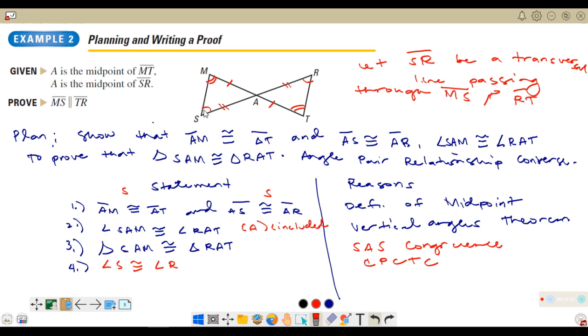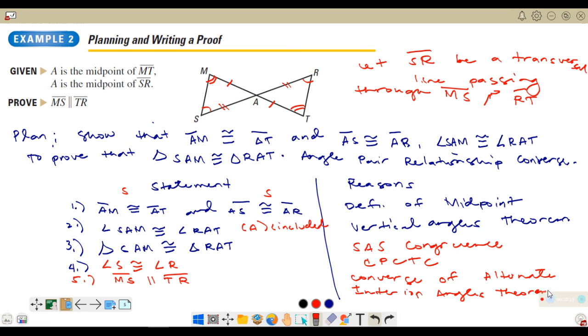So, since you ended up with congruent angles S and R, number 5, we can conclude that MS is parallel to TR through the converse of alternate interior angles theorem.